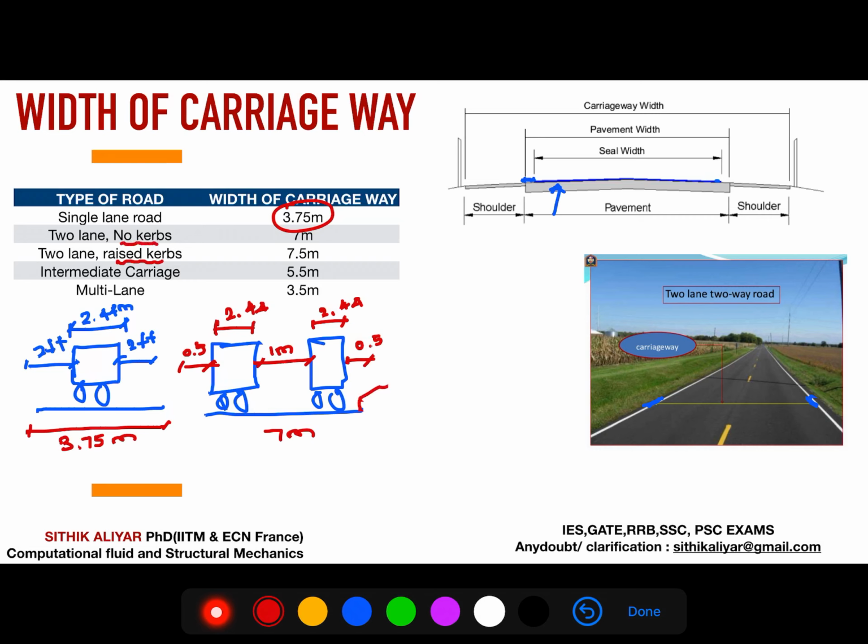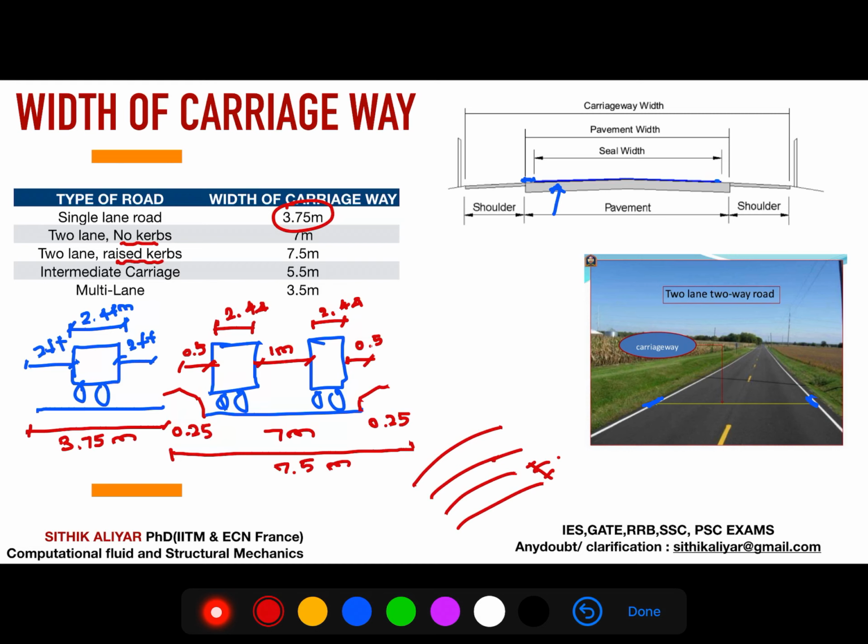If they are providing curbs, they should have 0.25 and 0.25 separately, so the total width is 7.5 meter. For multi-lane roads, each lane is 3.5 meter. For an intermediate carriageway, something near the toll gates, the road width will be approximately 5.5 meter.